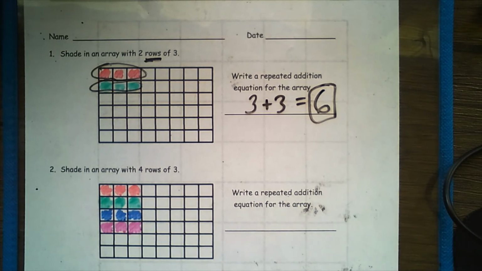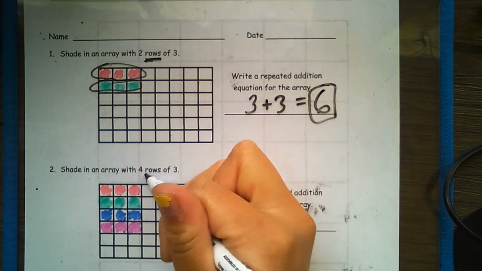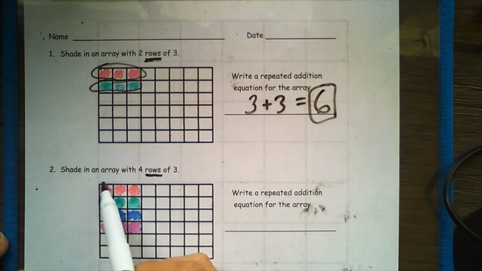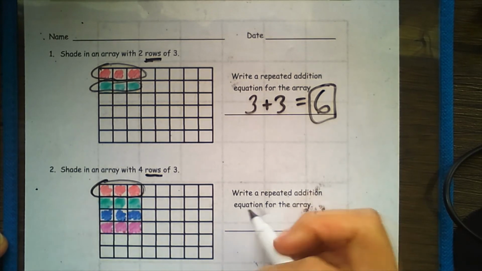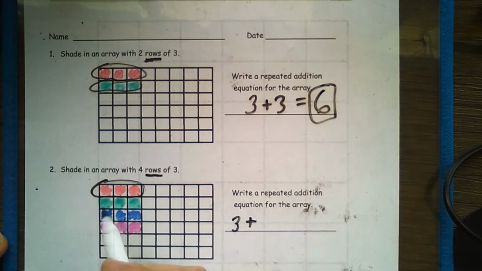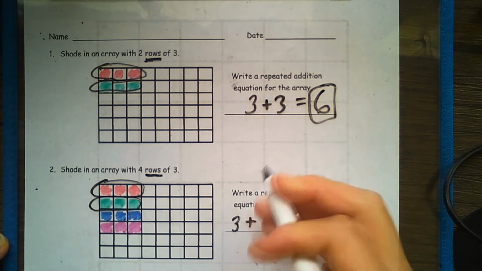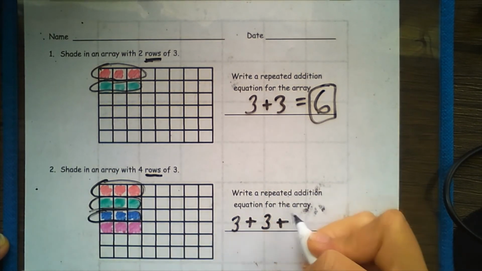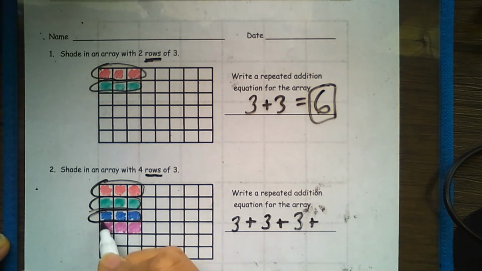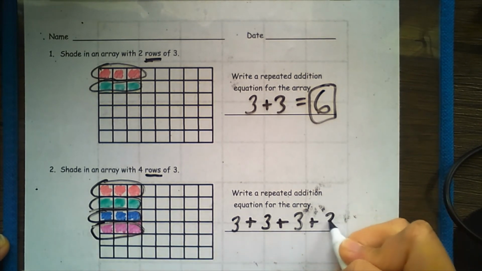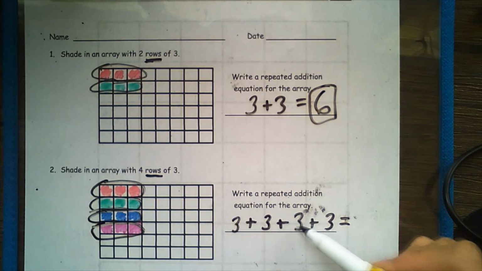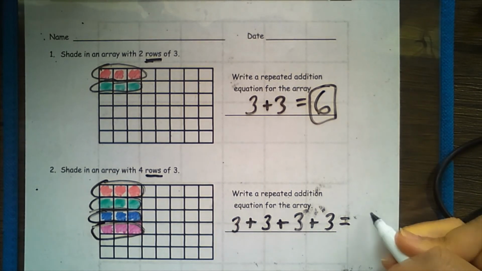You'll notice that we are talking about rows again, so therefore our repeated addition equation needs to match the rows. So I have 3 here, and then I have another 3 here, another 3 here, and then my last set of 3 there. So 3 plus 3 plus 3 plus 3 equals 12.